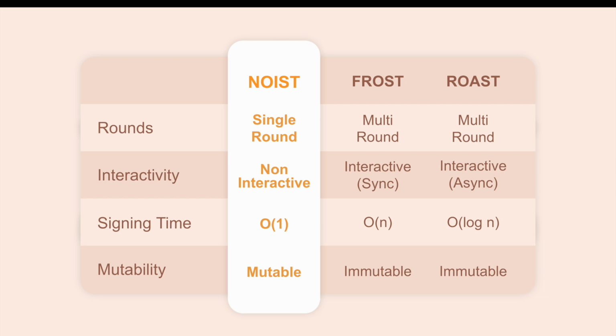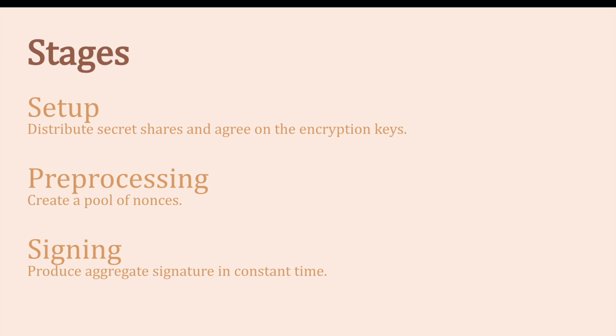Versus NOIST, you can add or remove members, or even change the setup parameters such as the threshold value, and that leaves the group key unchanged. So you can redistribute the shares and still get the same group key. That's a cool sort of primitive. So NOIST has three phases or stages.